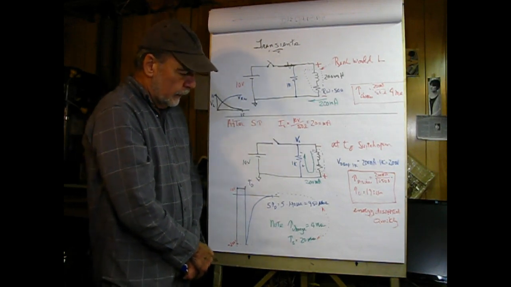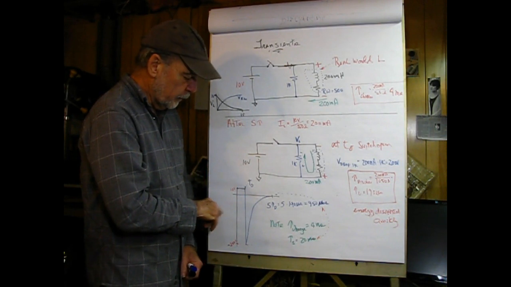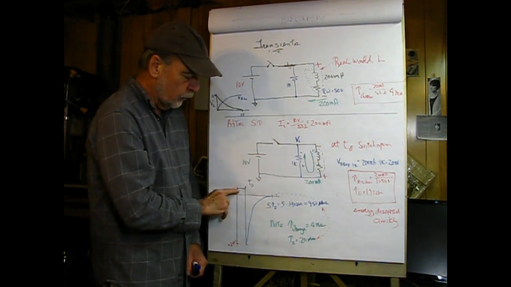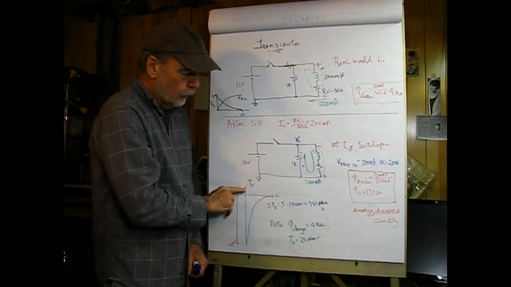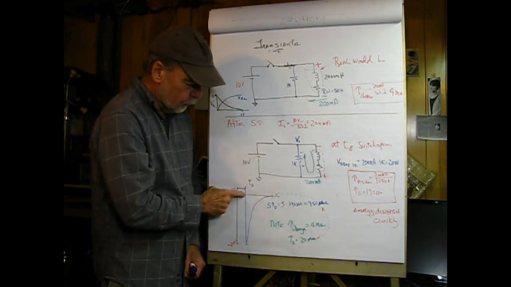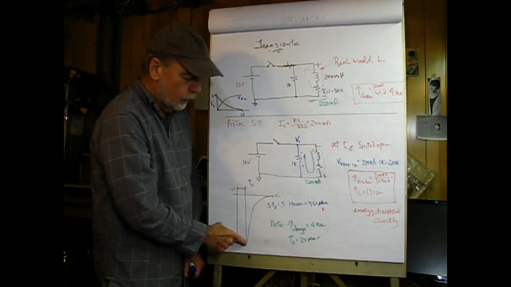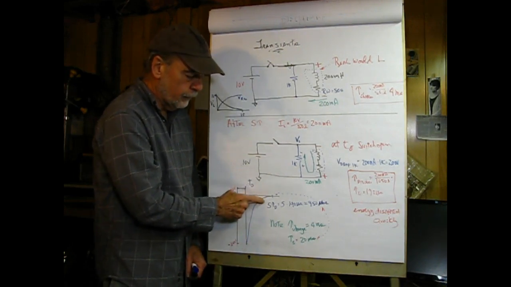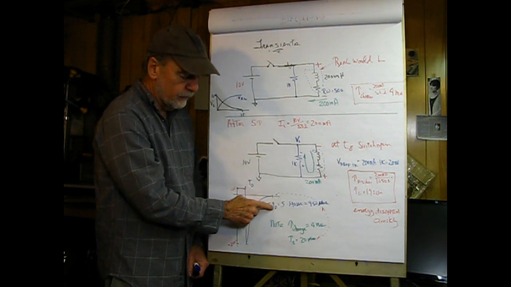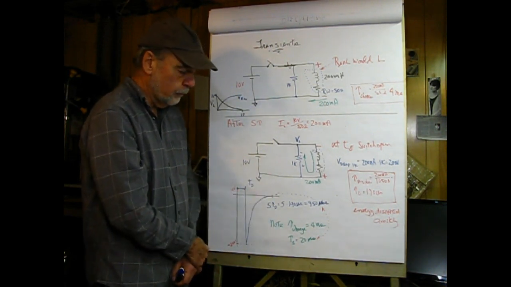So if the circuit's been turned on for a long time, the part would have 10 volts across it, and then when we open the switch, this negative 200 volts would take effect, we'd get down to negative 200 volts, and then we would exponentially decay, and at 5 time constants, discharge would be equal to 0 volts.